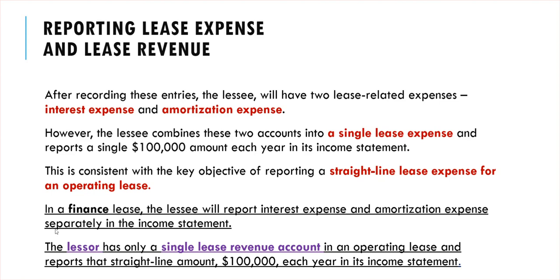In a financing lease, you calculate these two. They are in no way related, and they actually even show up in separate parts of the income statement because this is interest expense and this is a part of the amortization, just like depreciation. So if you're an operating lease, you combine the two and call it lease expense, and that's the way it shows up on your financial statement.